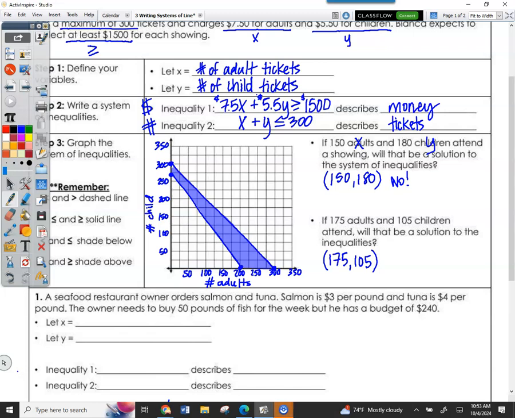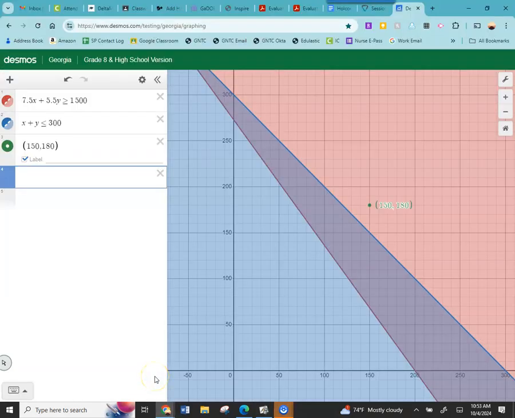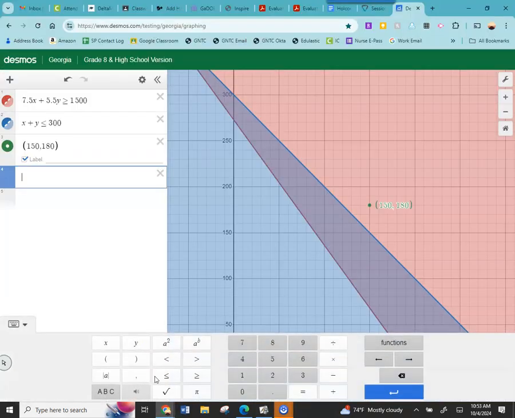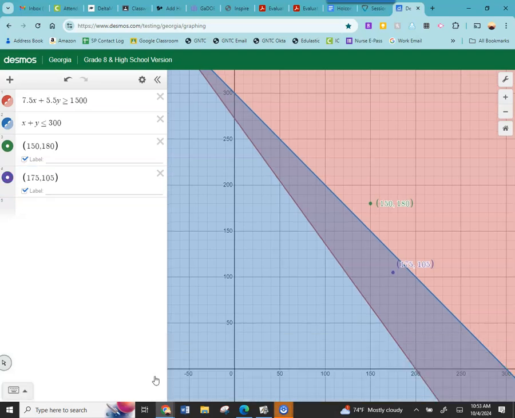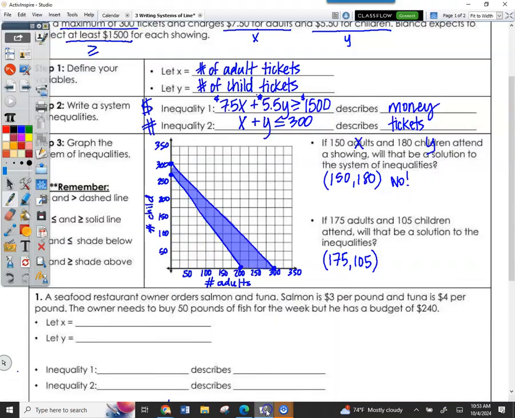What'd you get? 175, 105. Yes. Yes, it is a solution, which means you could sell 175 adult tickets and 105 child tickets.